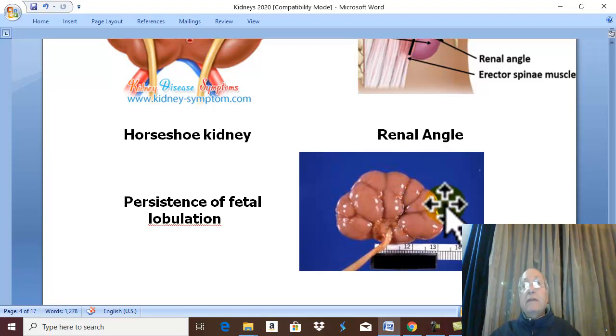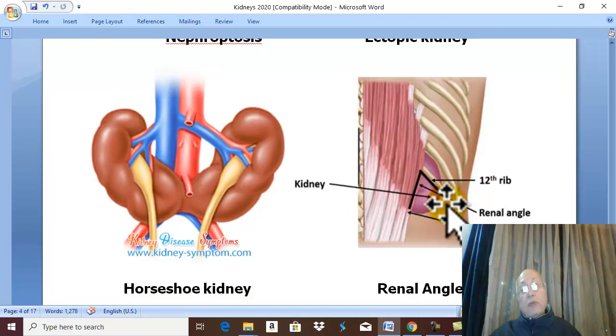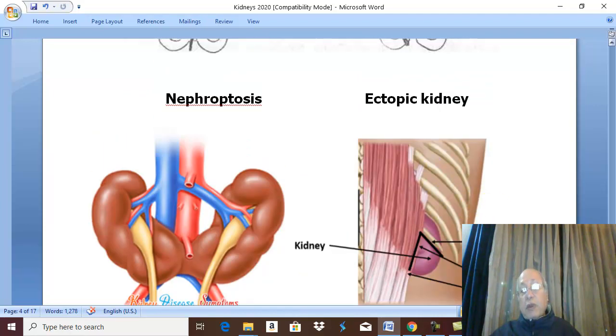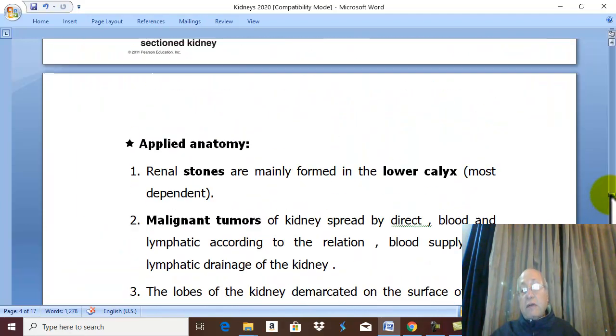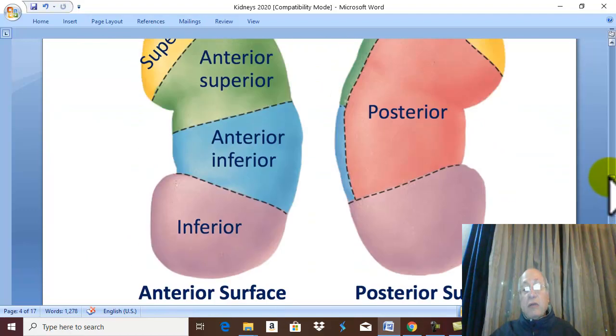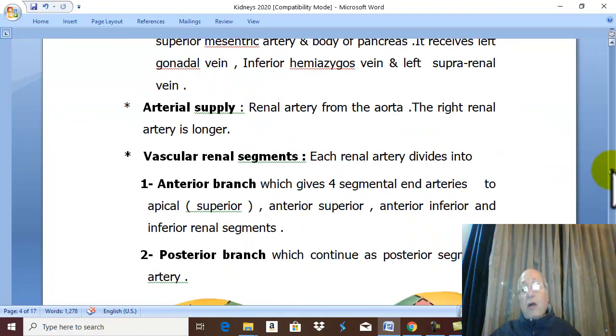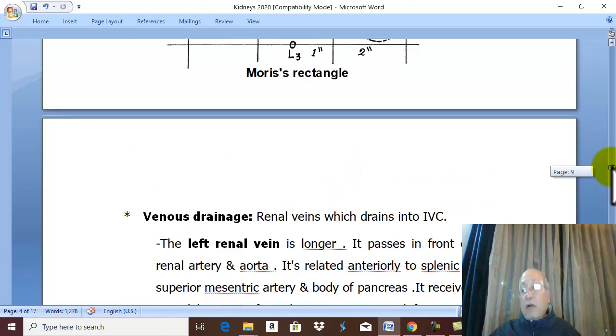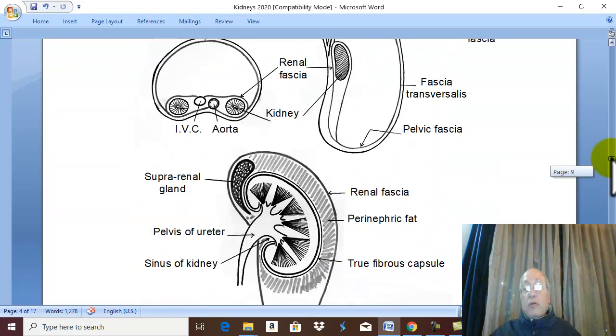The suprarenal gland. We said that a very important clinical point is that we can easily do nephrectomy alone, removal of the kidney, or adrenalectomy, removal of the suprarenal gland alone, without any damage to the neighboring kidney or suprarenal gland. Why?